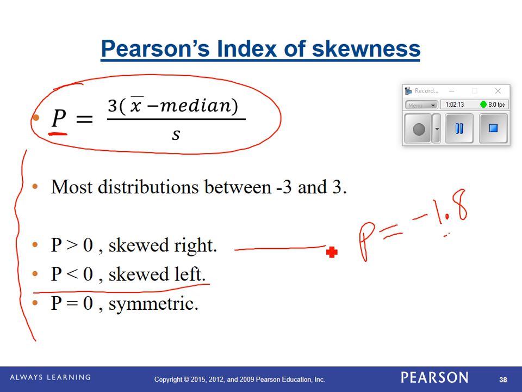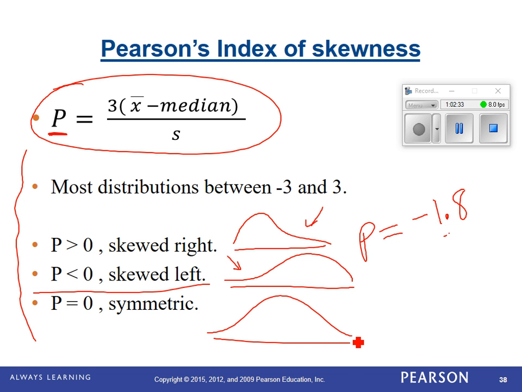If you have data and it's skewed right, it's going to look something like that. If you have data and it's skewed left, it's going to look something like that, where it has a tail going to the right or a tail going to the left. If it's symmetric, then it's going to look more like the bell curve hill.